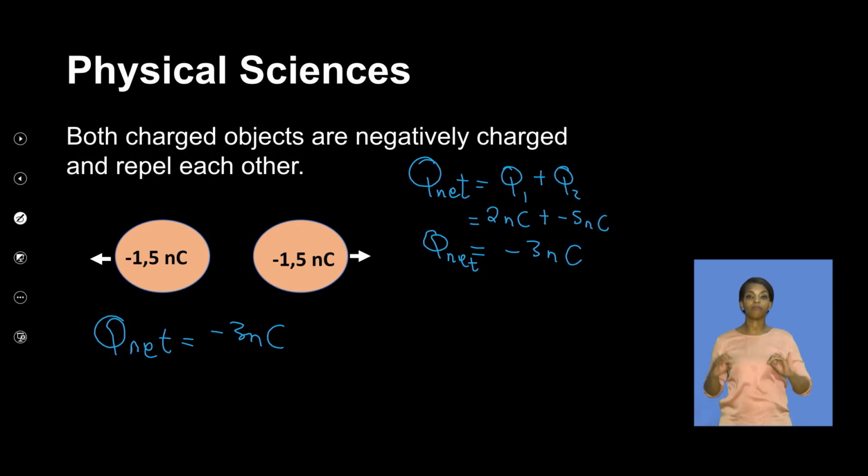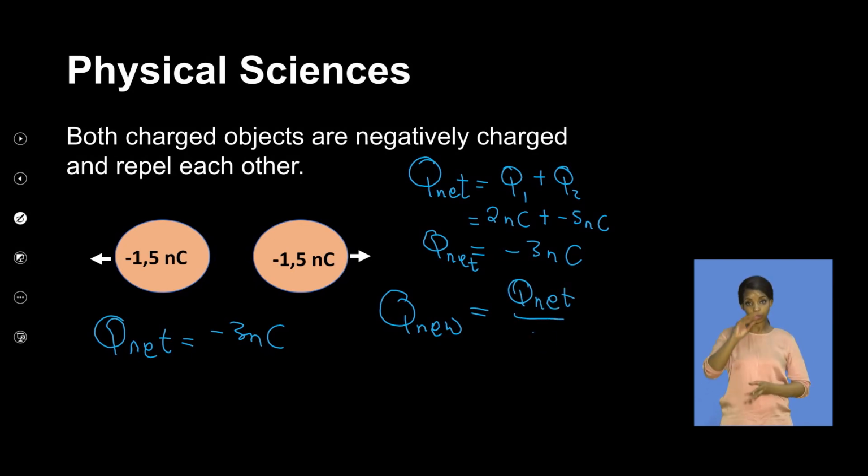Now, the new charge that each one of them attains as a result of the contact process is equal to Q net, the total, divided by 2. Why do we divide by 2? Because the charge is equally distributed. Then we get negative 3 nanocoulombs divided by 2.